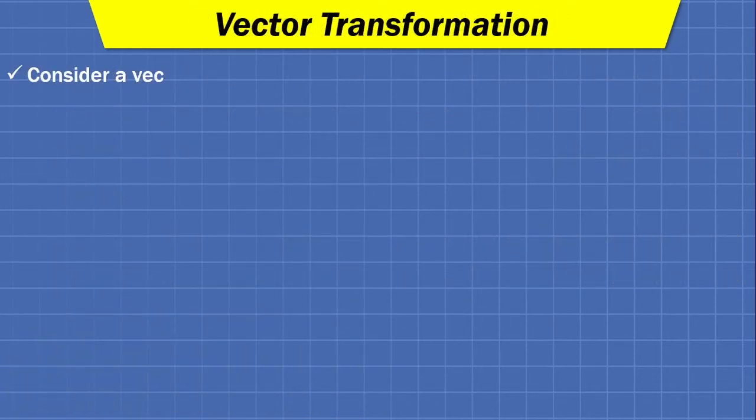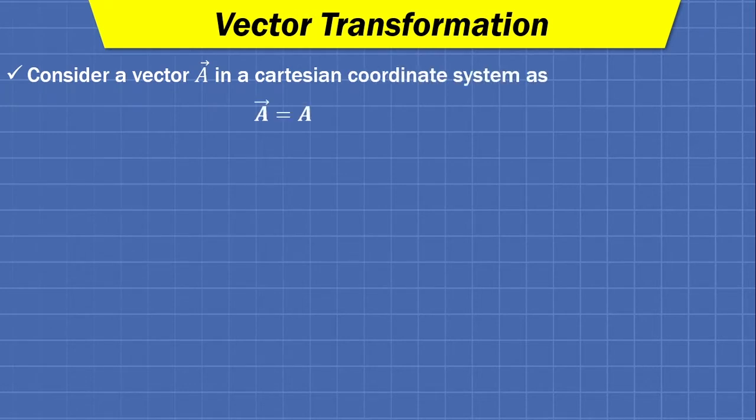So let us consider a vector A bar in a Cartesian coordinate system as A bar equals capital AX bar plus capital AY bar plus capital AZ bar. Here capital AX, AY and AZ are the x, y and z coordinates of point A, while ax bar, ay bar and az bar represent the direction of the x, y and z axes.